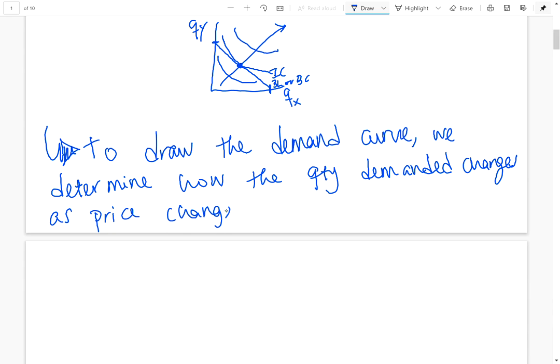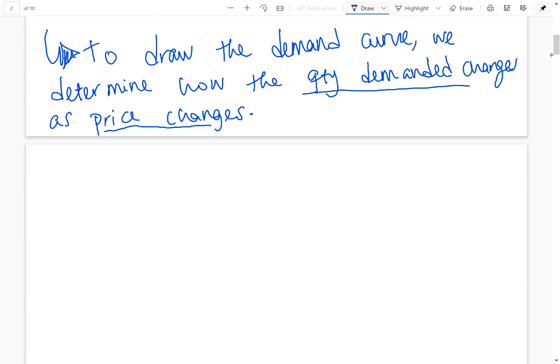Right. This should be very familiar to you, because that is literally the definition of a demand curve, right? How changes in price affects changes in quantity demanded. Okay, so let's consider certain things.